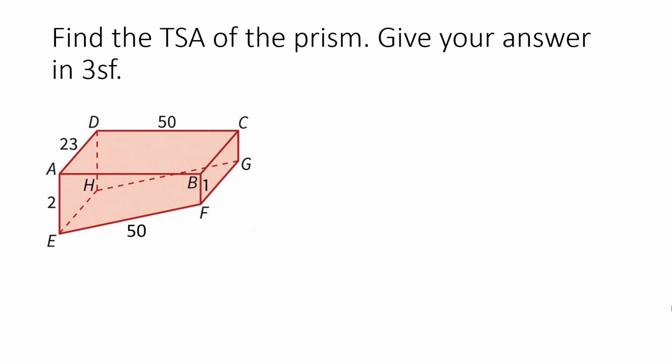Finally, for prism, find the total surface area of the prism. So pause the video and try it out yourself. And if you need some help in drawing the net, basically just draw a trapezium.